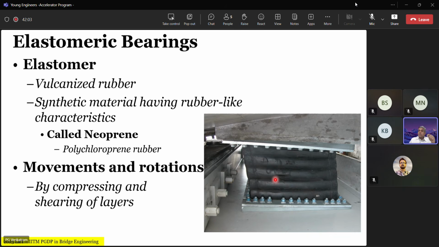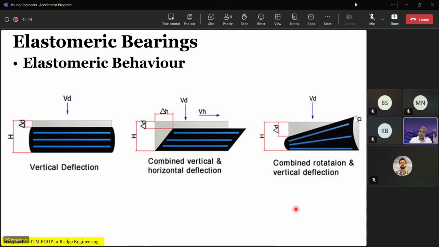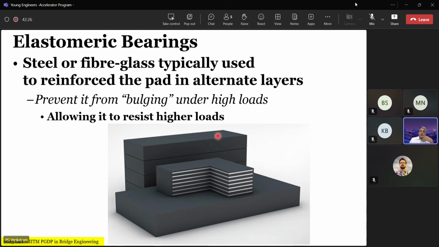So you're not actually exceeding the compressive capacity of the bearing, but the geometric shape will distort so much that it will start undergoing tearing of the rubber. So in order to use it up to the upper limit of its compressive load capacity, we introduce what are called reinforcement plates.